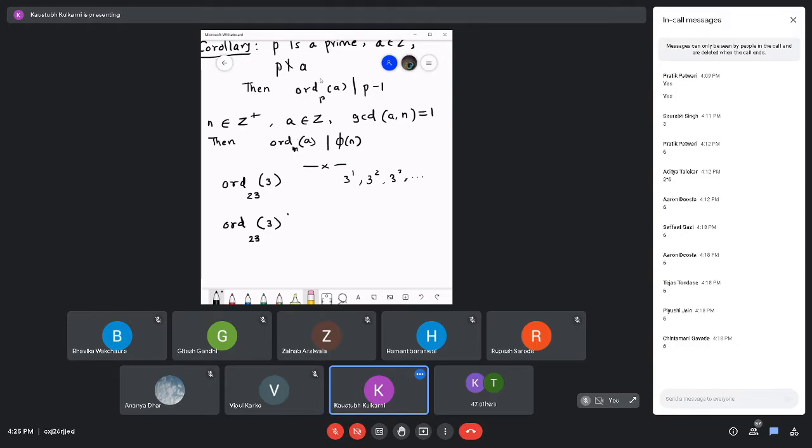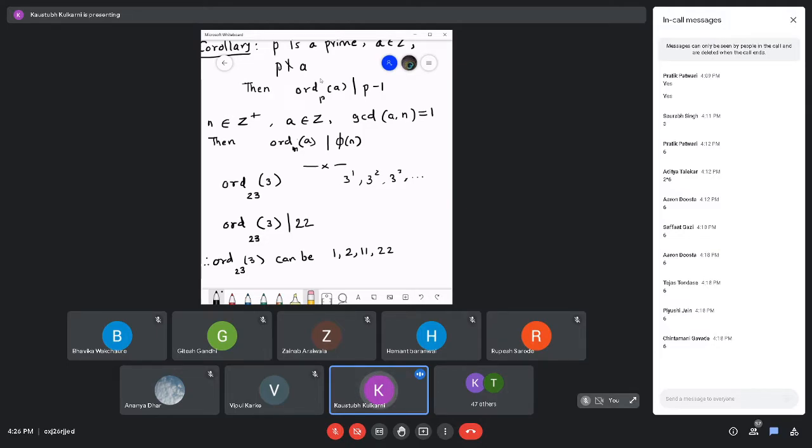Therefore, the order of 3 mod 23 can be what all divides 22? 1, 2, 11, and 22.